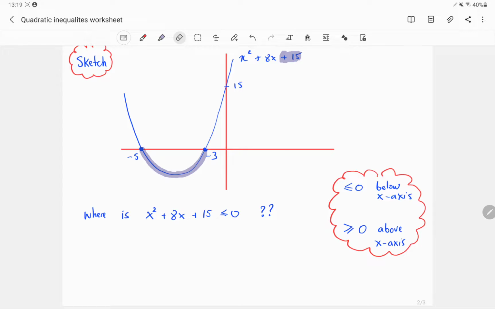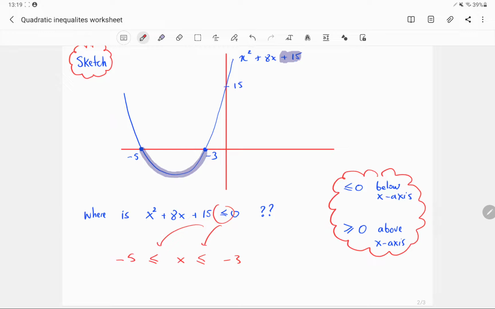Now how do we write that algebraically? The quickest way is to write down our minus 5 and our minus 3 with x in the middle, and then copy this sign here and here. What that means is that minus 5 is less than or equal to x, which in turn is less than or equal to minus 3. This is a closed inequality.